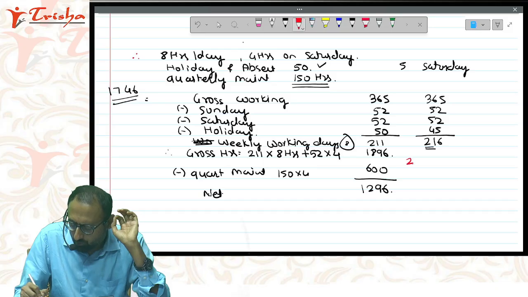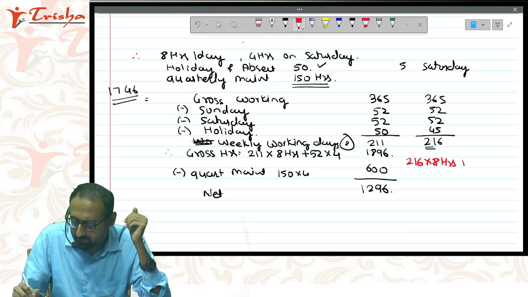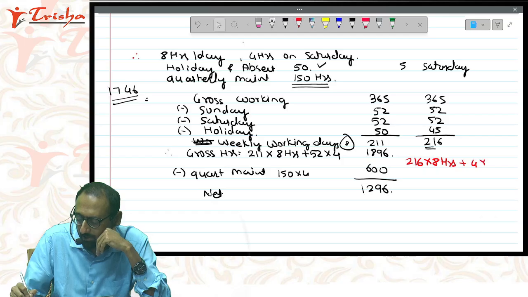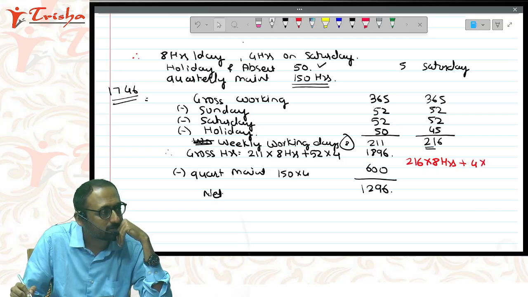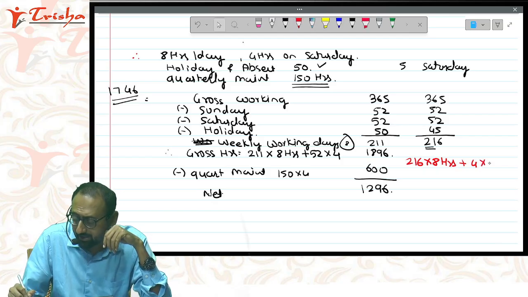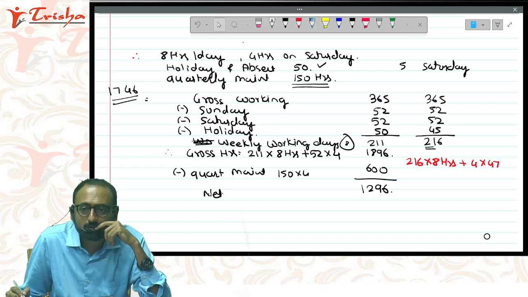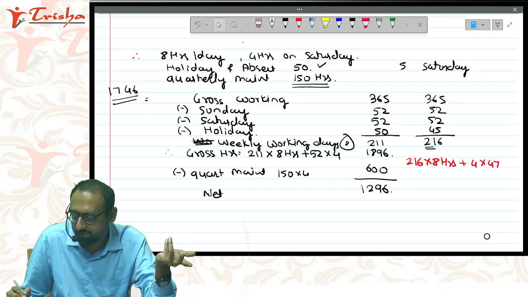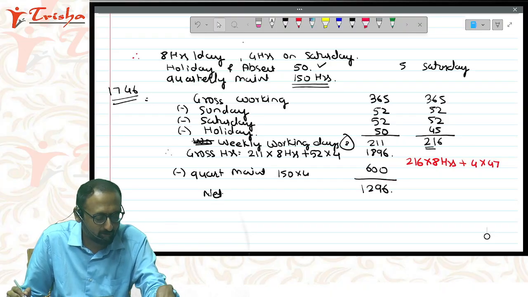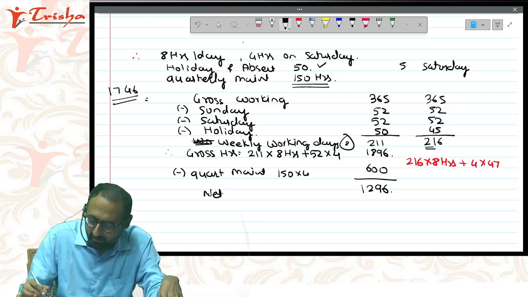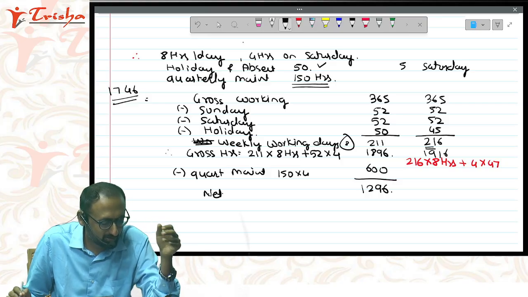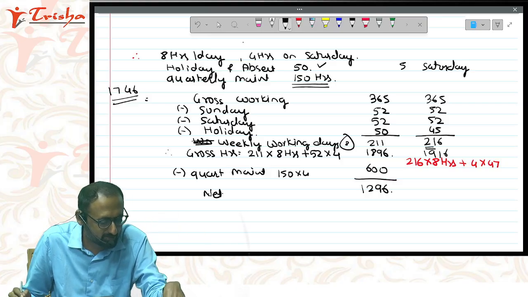Gross hours will be 216 multiplied by 8 hours. Any doubt? Plus 4 hours multiplied by how many Saturdays? Exactly 47. Why 47? Because out of 52, on 5 Saturdays you are not working. So only 47 multiplied by 4. Anyone got the answer there? Is it 1916? Yes. Naksha, online student, also gave the answer 1916.